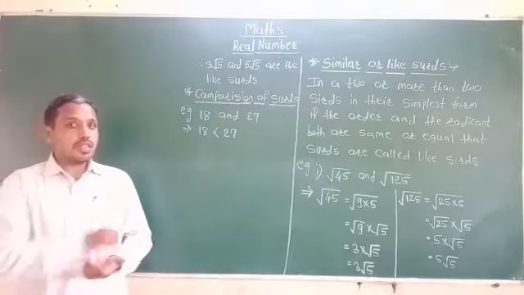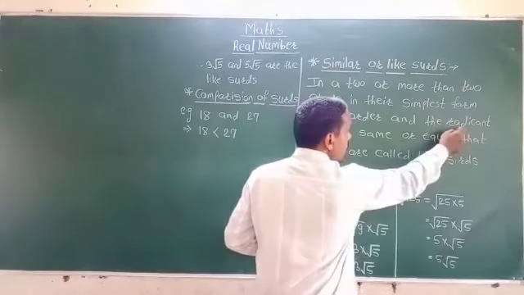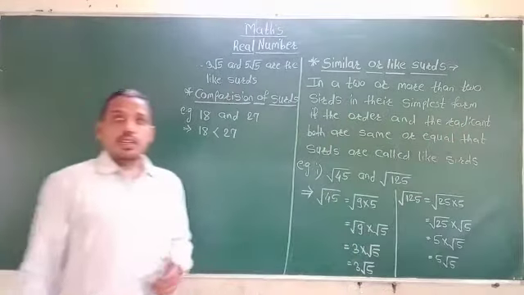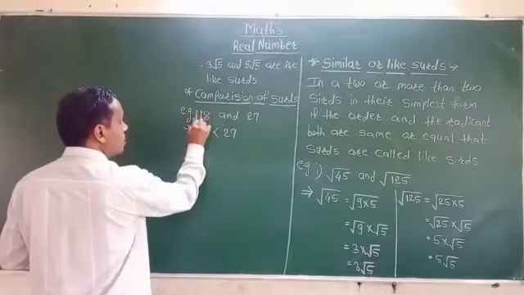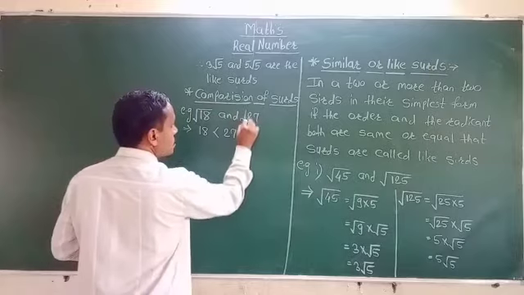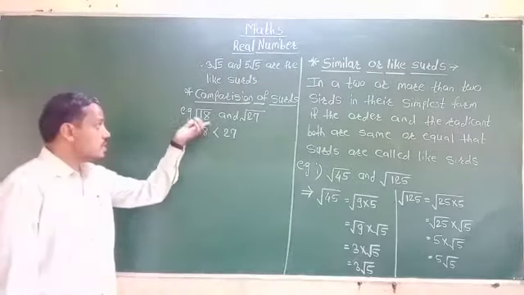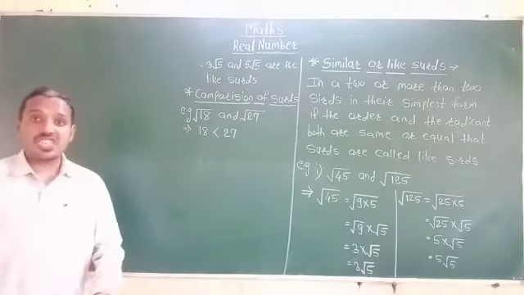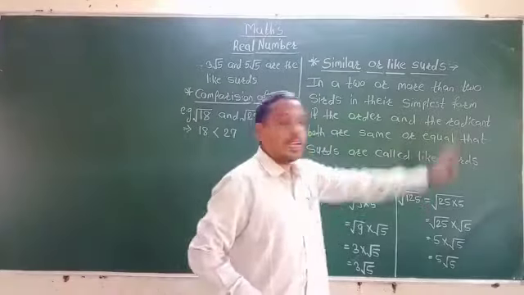So the comparison of surds also depends on the value of the radicand. For surd 18 and surd 27, 18 and 27 are the radicands.